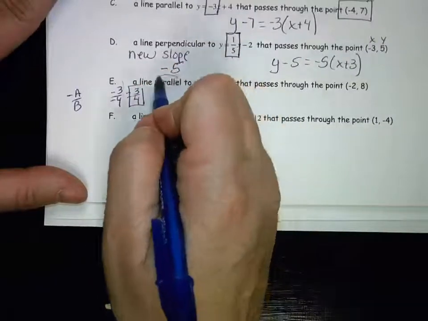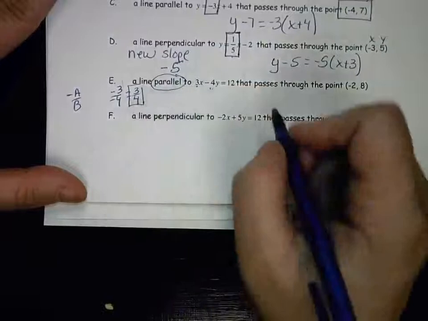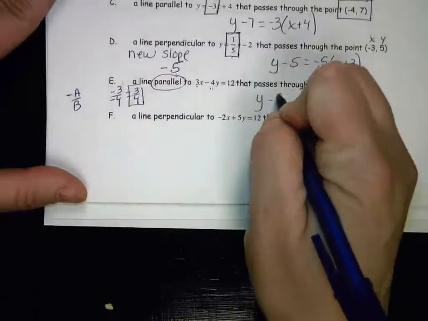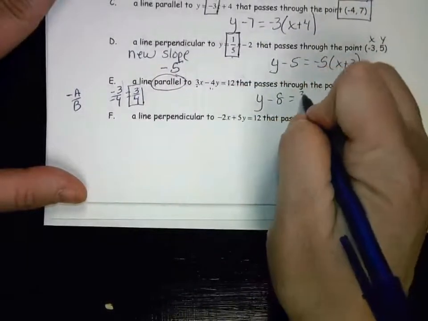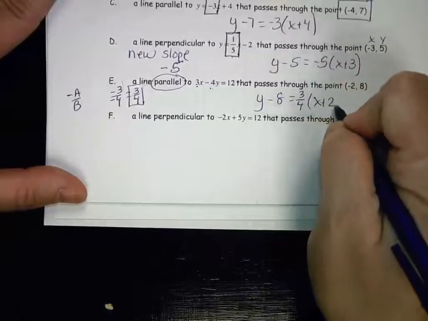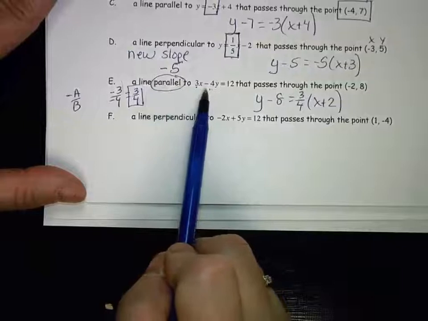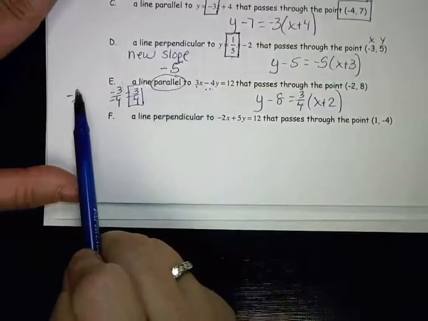So your lines are parallel, so you use the same slope, and then you will have y minus 8 equals 3/4 times x plus 2. So this line was in standard form. To get the slope, we had to do the negative a over b.